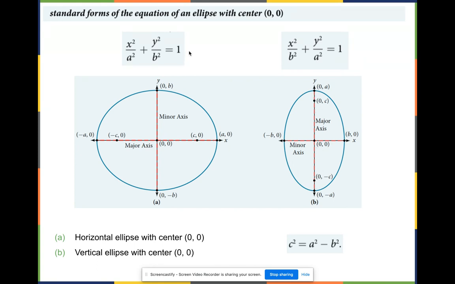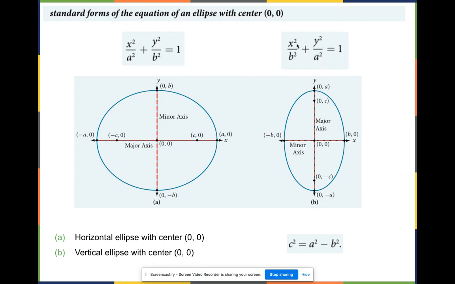What's the difference between these two equations? In this case, a squared is under x, and in this case, a squared is under y. Really, these are the same equations. If you have this form of the equation, a is always bigger than b.